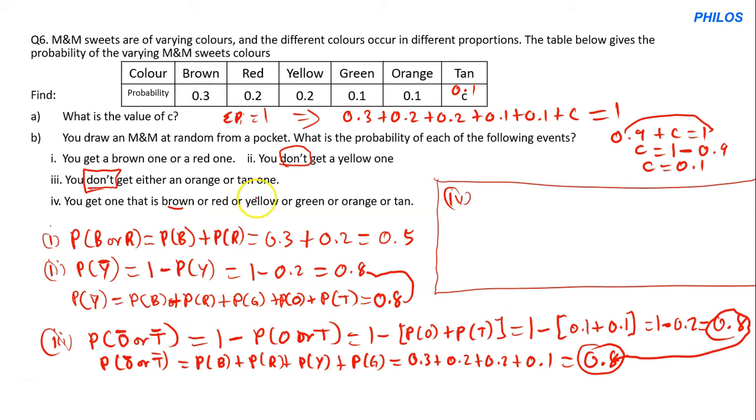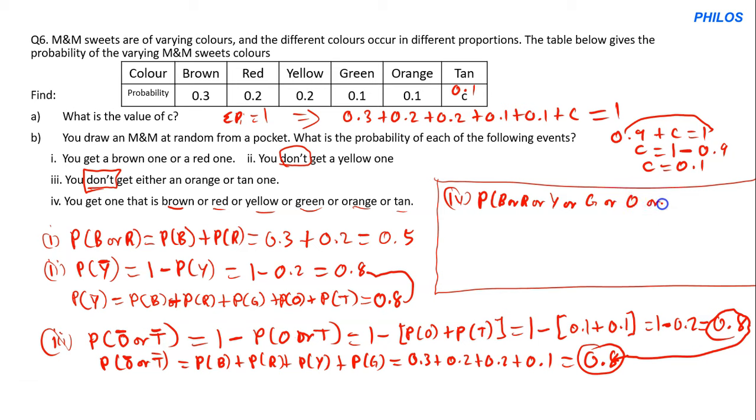We have brown, red, yellow, green, orange, tan. So there's no need solving this. The answer is 1.